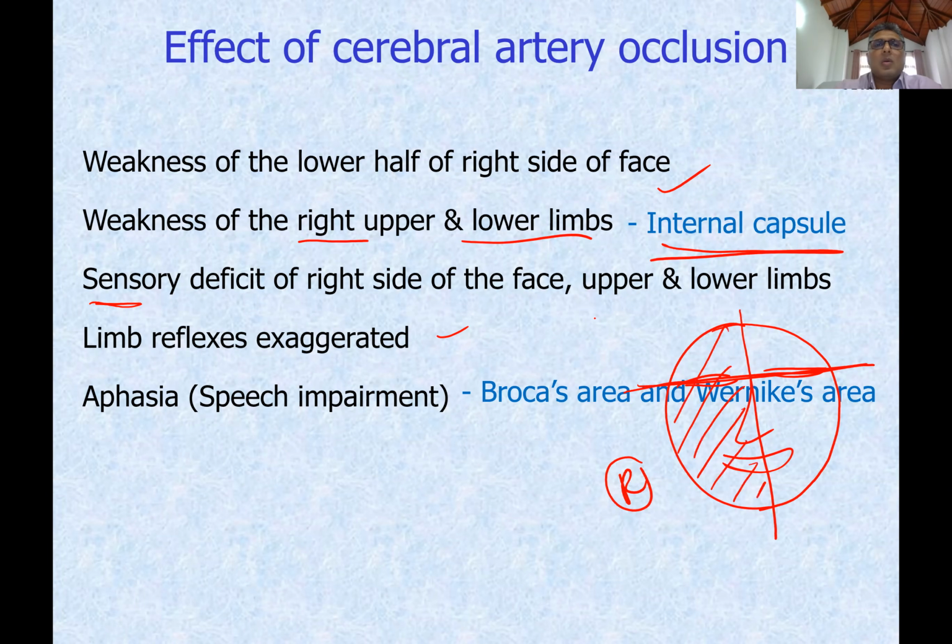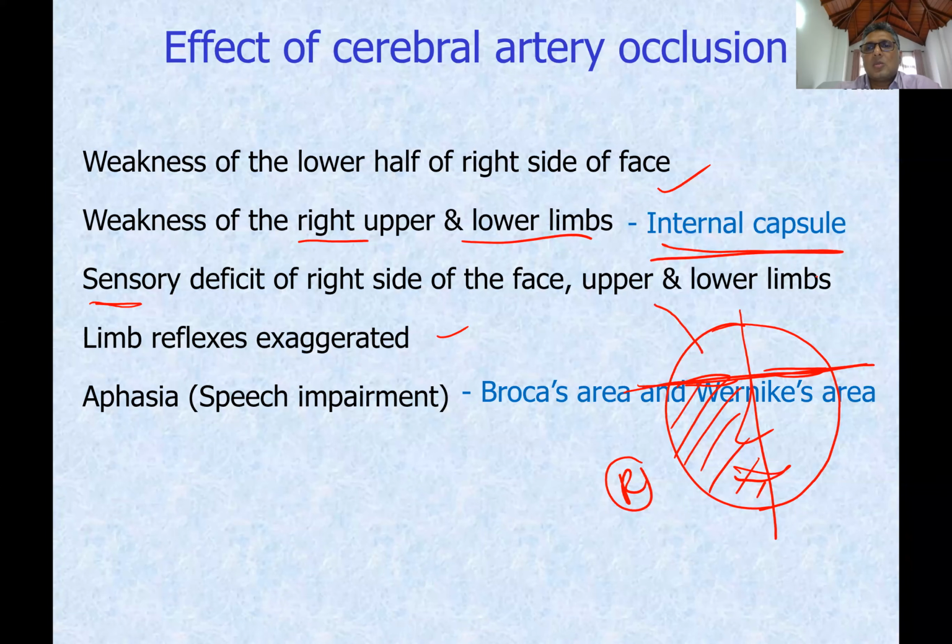Now it says lower half of the right side of the face. It's not only the lower half, the whole half would be gone. Now what happens when you have upper motor neuron lesions, you get only the lower half gone, not the upper half, because the upper half of the face has bilateral supply from upper motor neurons of the cranial nerves.